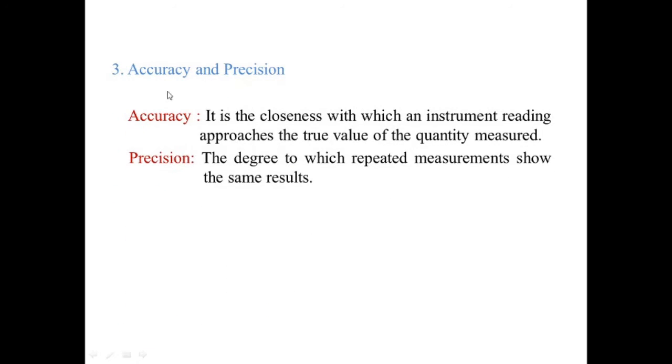Next one is accuracy and precision, where accuracy is the closeness with which an instrument reading approaches the true value of the quantity to be measured, and precision is the degree to which repeated measurements show the same results.